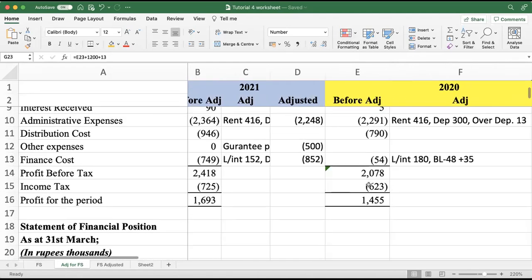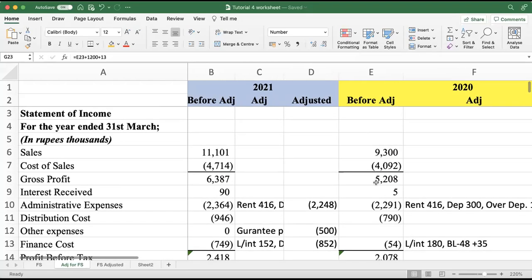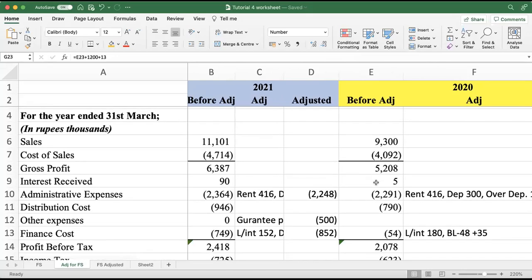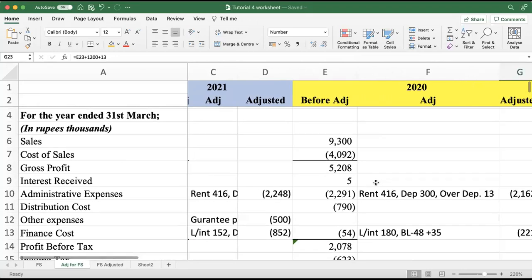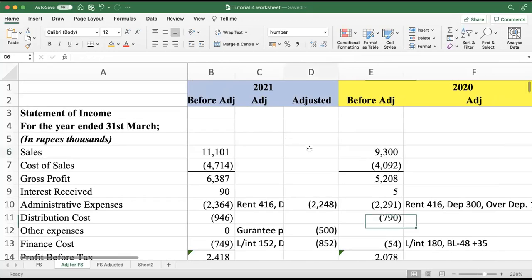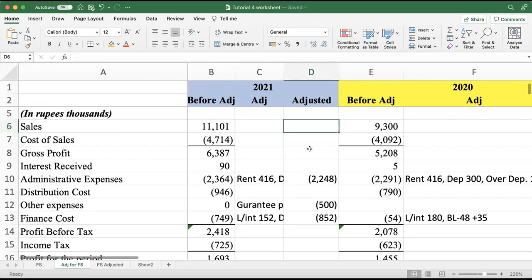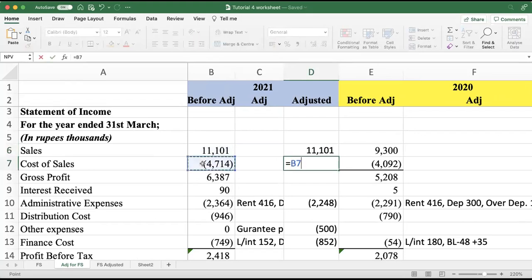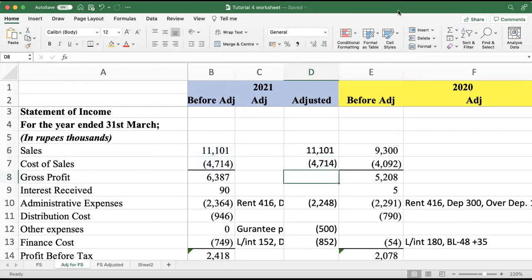Right. Now we have done all the adjustments. Now you get the adjusted values. So we'll take adjusted values for 2021. Sales, there's no adjustment. Cost of sales, there's no adjustment.